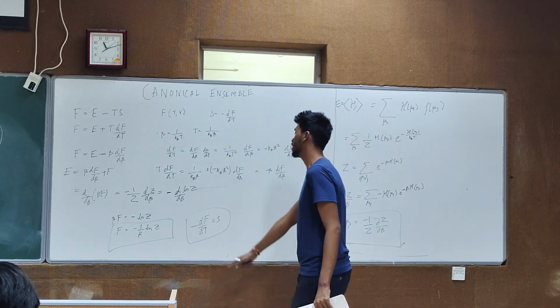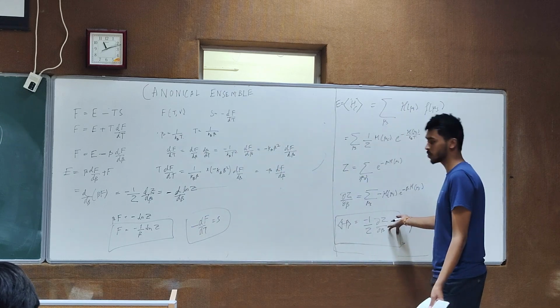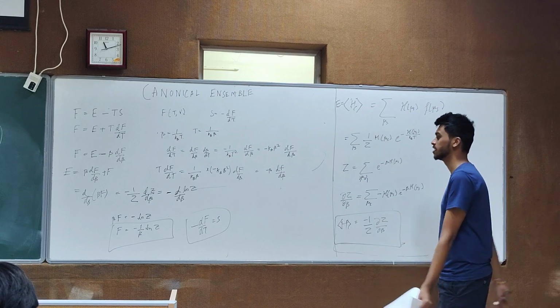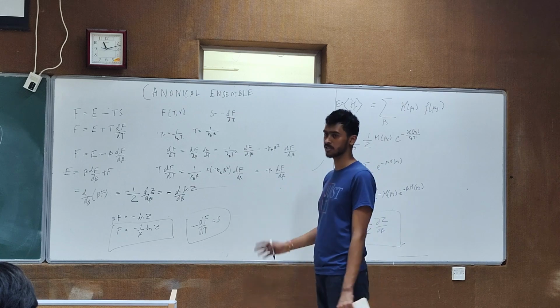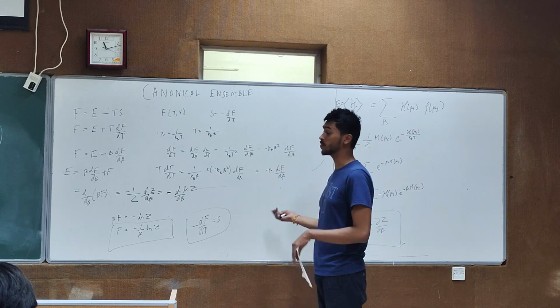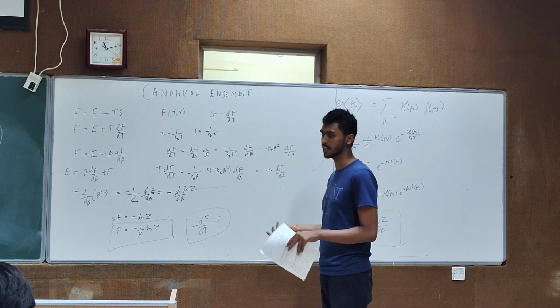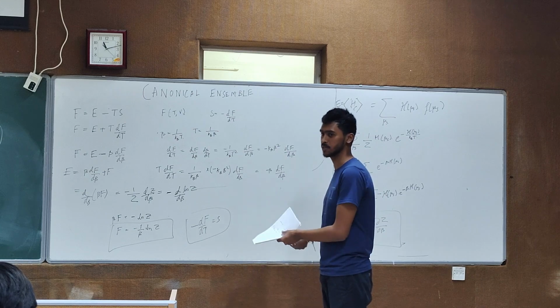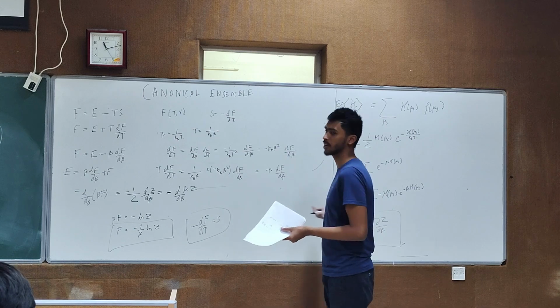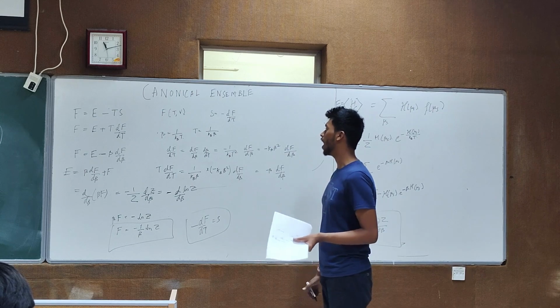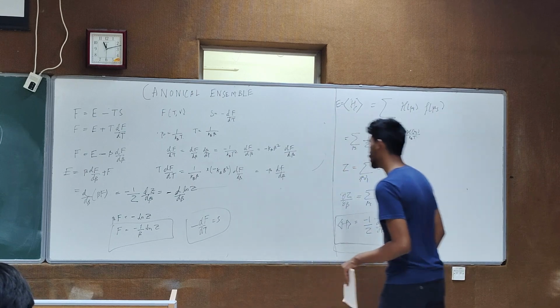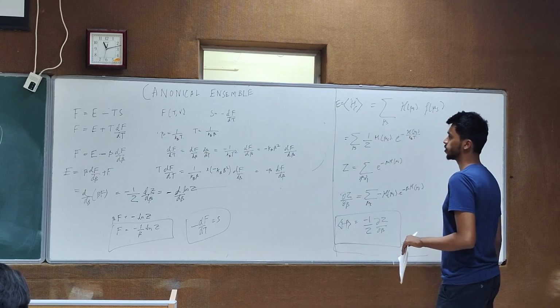And using this relation, you can get your internal energy. So finding out the partition function is the most important part. If you are able to find out the partition function, then your problem is basically solved. So all your thermodynamic quantities just depend on the partition function.